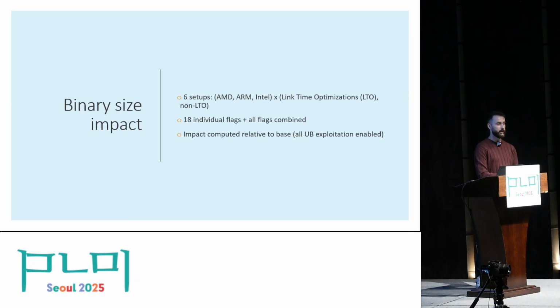First, I will present the binary size impact. As I said, we used 3 architectures, and we compiled the benchmarks with link time optimizations and without link time optimizations. We used the 18 individual flags plus all flags combined to see the cumulative effect. And all the impact will be computed relative to a baseline where all UB exploitation is enabled.